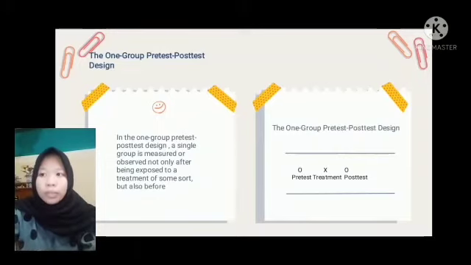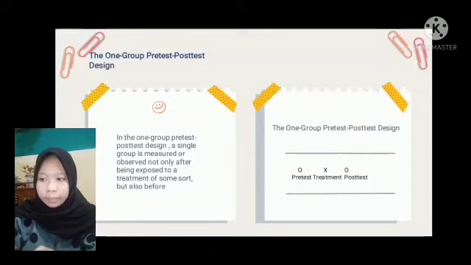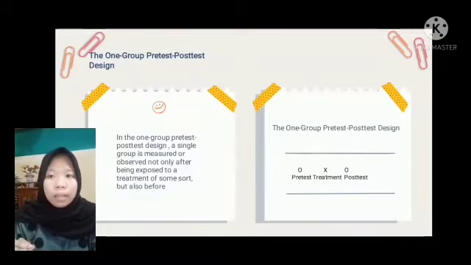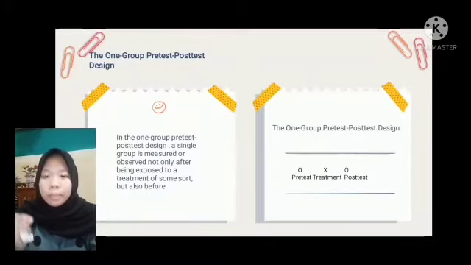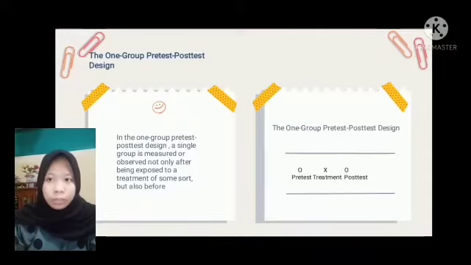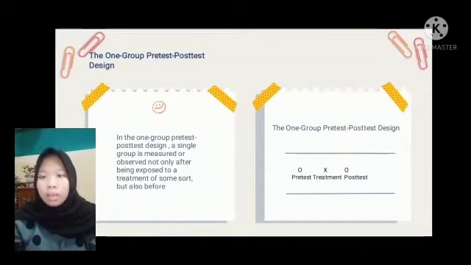And then the one group pretest-posttest design. In this design, a single group is measured or observed not only after being exposed to a treatment of some sort, but also before the treatment.